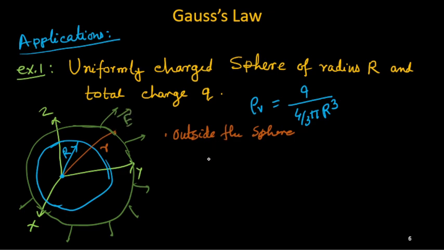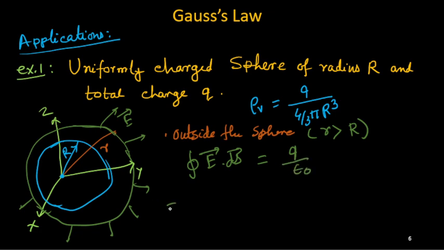So now we'll use Gauss law. I am considering that this r is more than capital R. So E dot ds, this closed surface integral for this green surface, will equal the charge enclosed within this closed surface. We have only this charged sphere, and total charge is Q, so entire charge is inside, upon epsilon naught.